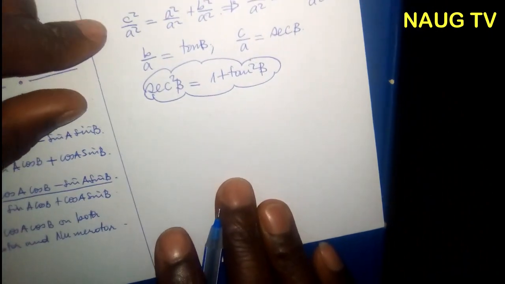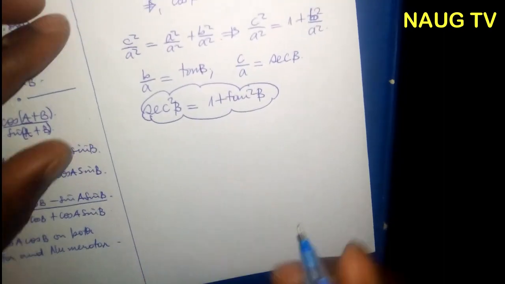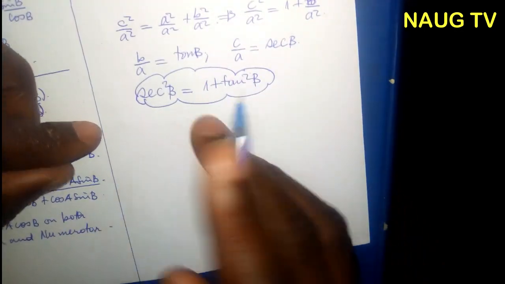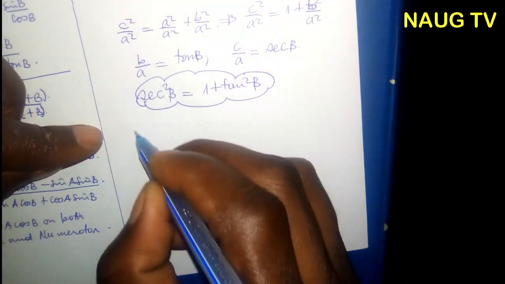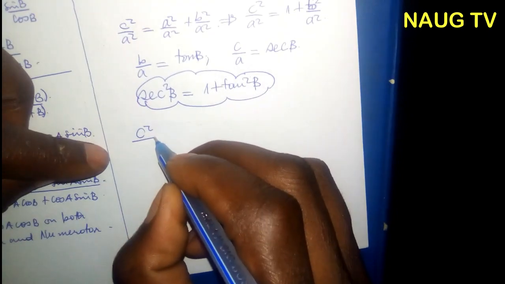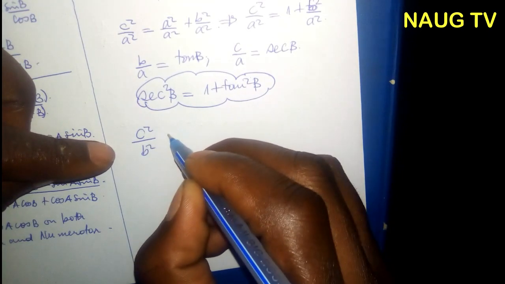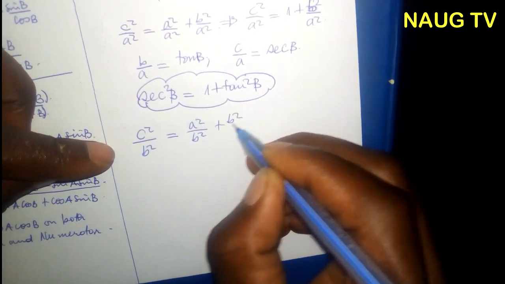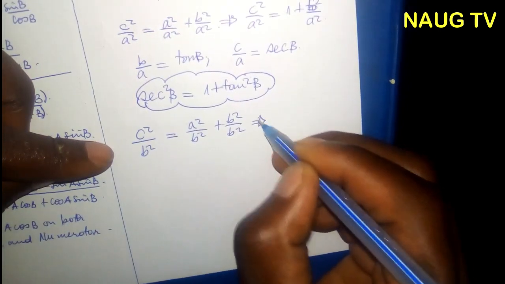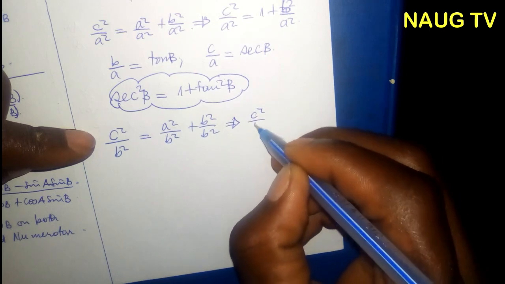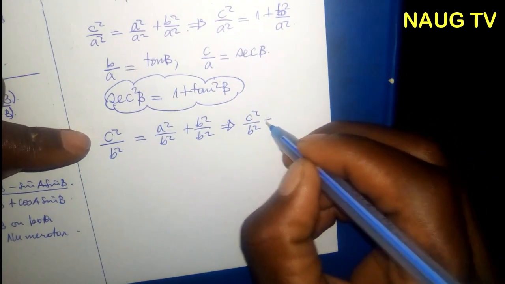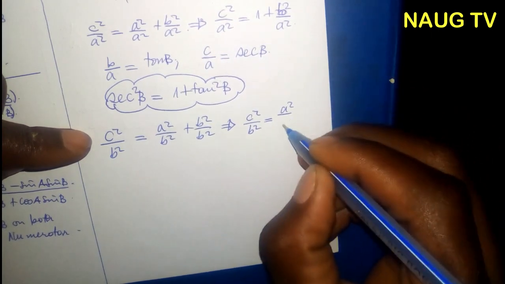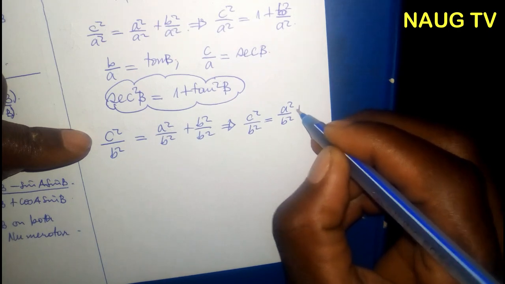Right? Let's see also, if you divide by b squared on both sides, you will get c squared over b squared, which is equal to a squared over b squared plus b squared over b squared. This would be equivalent to c squared over b squared equals a squared over b squared plus 1.